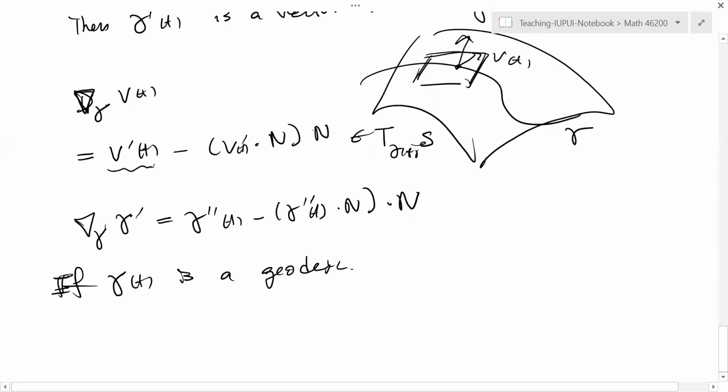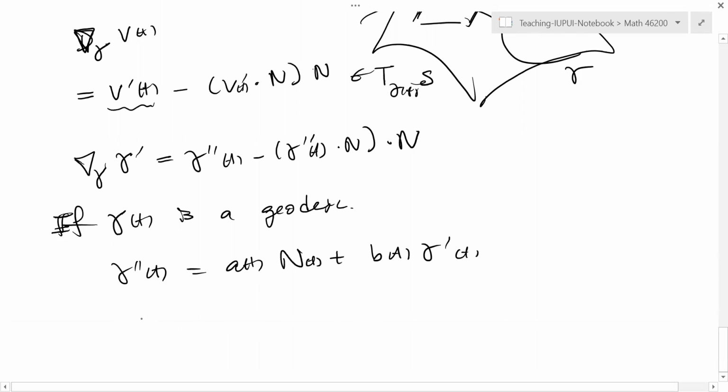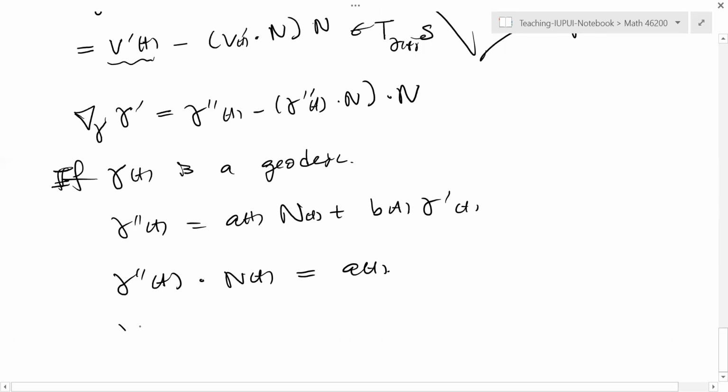That means gamma double prime of t is going to be A of t times n plus B of t times gamma prime, right, along the geodesic. So from here you can tell that A is just the projection, which is going to be A of t, gamma double prime dot n.